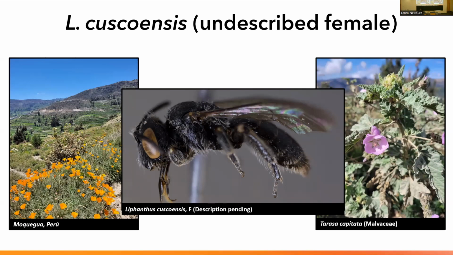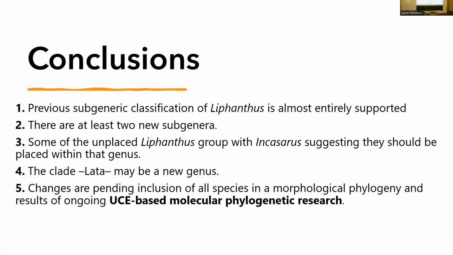We found Liphanthus cuscoensis in two different locations in Peru. This is one of them, in Puquina, Moquegua. And we found both the female and the male on Tarasa capitata, which is a native plant of the family Malvaceae. So that's all for today.